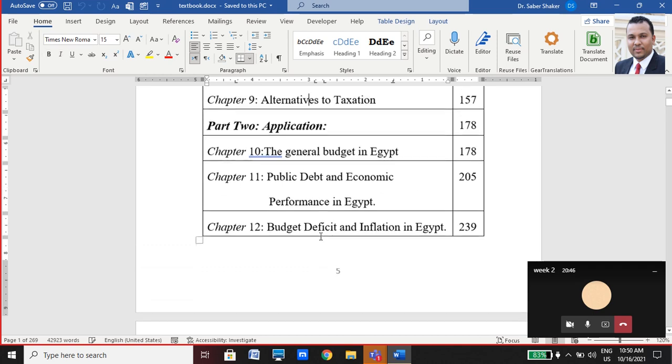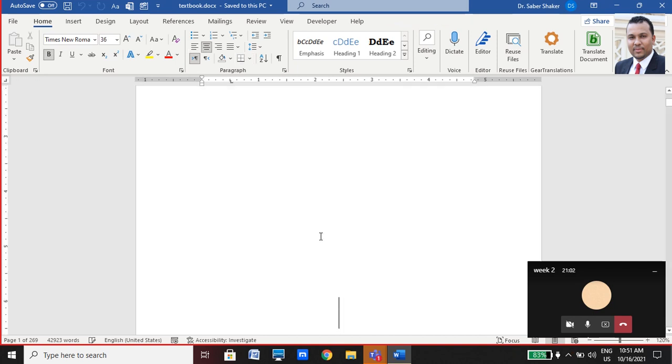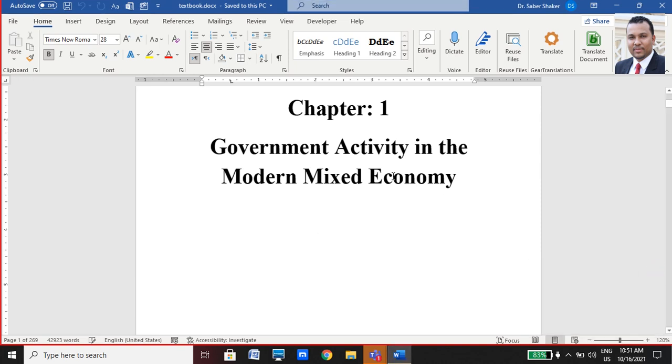For part number 2, we talk about the application in public finance. So we talk about the public budget in Egypt and the public debt, and what about the deficit and inflation as a relationship between two variables and application in Egypt. For our chapter number 1, the government activity in the modern mixed economy, first, what do we mean by government activity?